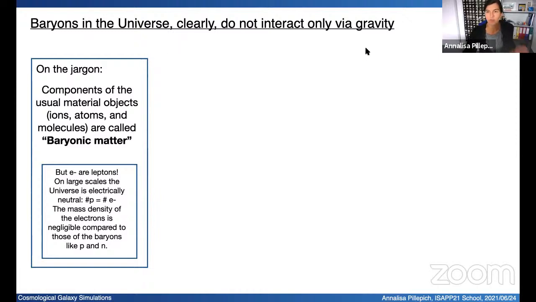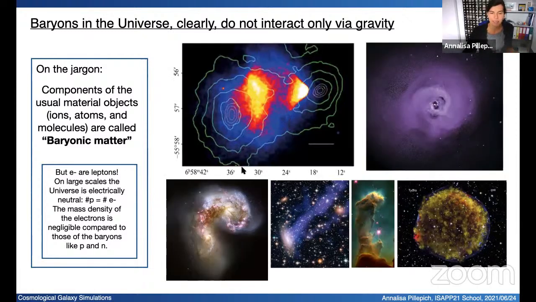This is why we need to solve for hydrodynamics. And I just want to give you an idea of what we mean by this. These are images, astronomical observations, and all these colors depict some state of the gas. And you can see these motions, and you can imagine that these motions are not only driven by gravity, but also by fluid dynamics.